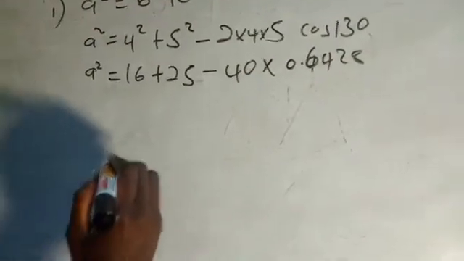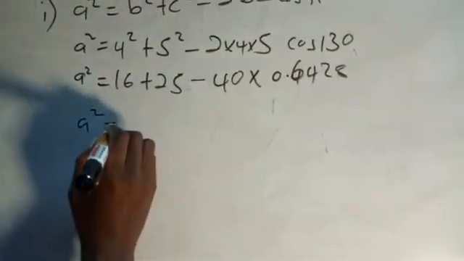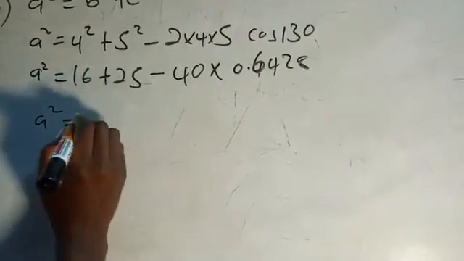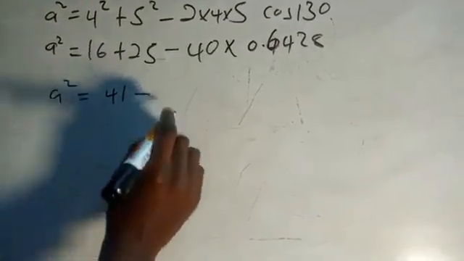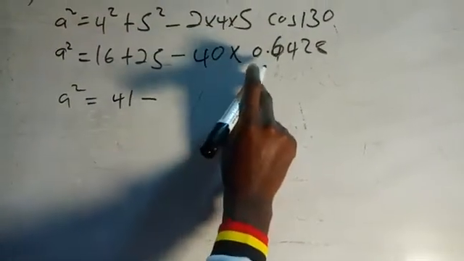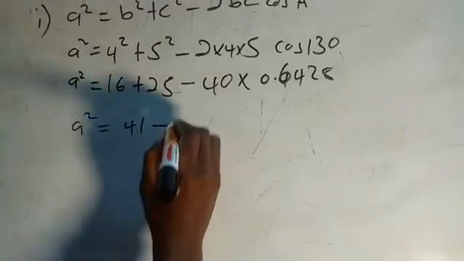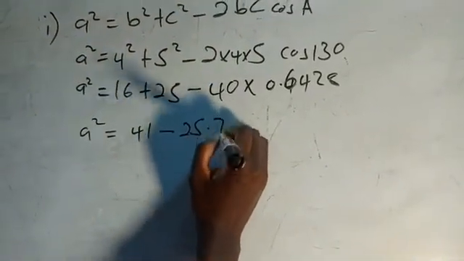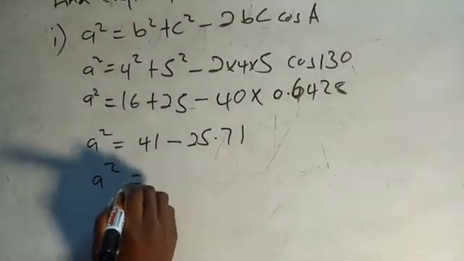When we solve it, a squared equals 16 plus 25 equals 41 minus 40 times 0.6428 equals 25.71.